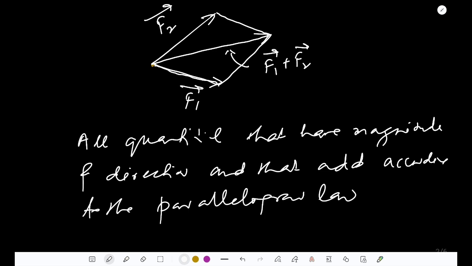Other quantities that have only magnitude, such as temperature and work, are called scalar quantities.